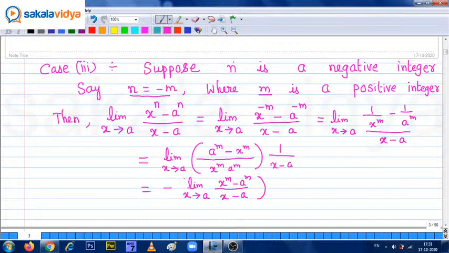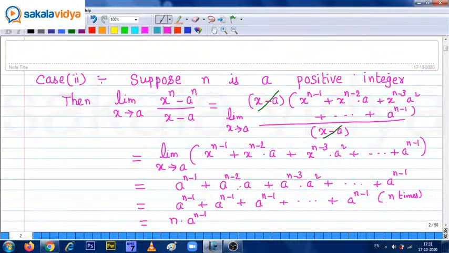Put the bracket into 1 upon the limit x tends to a of x to the power of m into a to the power of m. Since m is a positive integer, we have already done this: if n is a positive integer, the limit x tends to a of (x to the power of n minus a to the power of n) by (x minus a) is n times a to the power of n minus 1.